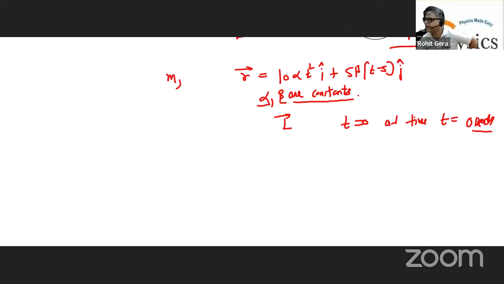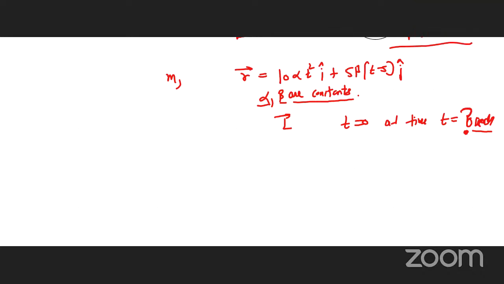You have r and you are being asked when the angular momentum of the particle becomes the same as it was for t equal to 0. So the angular momentum is repeating itself, coming back to what it was at t equal to 0. You have to find that at some other time. So which is the time when the angular momentum will repeat again?